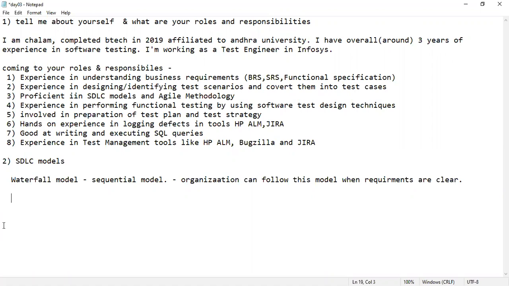No. I'm asking, what is the process to get a project? Let's say you wanted to develop a project. How do you get that project? How to get a project from any client?